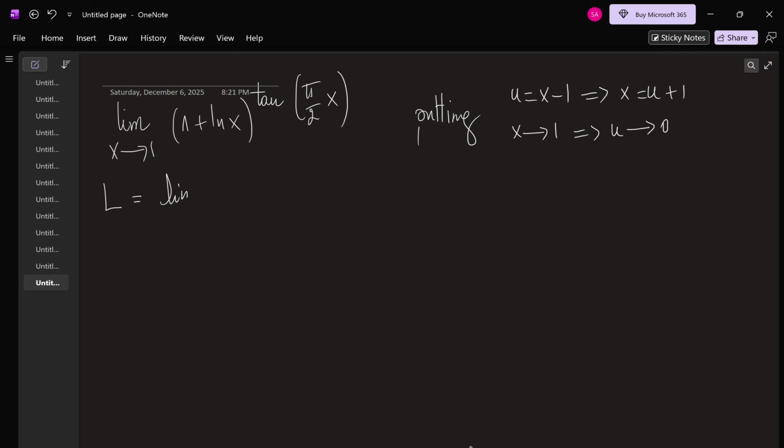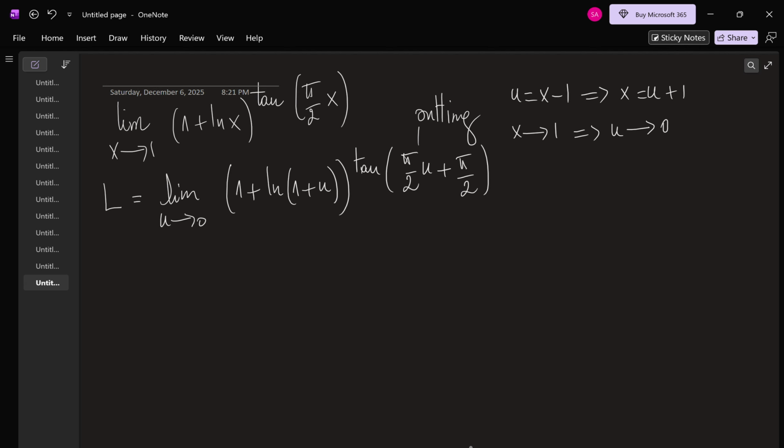So this limit L is equal simply to the limit when u approaches 0 of the following value: 1 plus ln of (1 plus u) all to the power tangent of pi over 2 times (u plus 1), which is equal to pi over 2 u plus pi over 2.